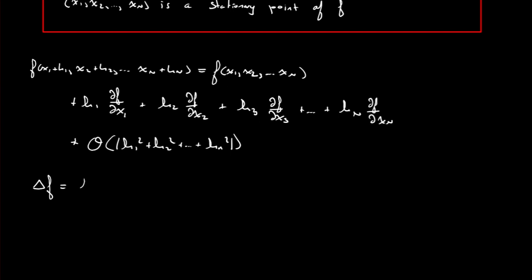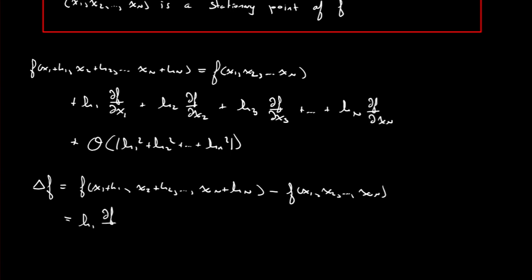So we're going to have f of x1 plus h1, x2 plus h2, all the way up to xn plus hn, and we're going to subtract f of x1, x2, all the way up to xn, and we're going to have whatever's left on the right hand side, which is h1 df dx1 plus h2 df dx2 plus dot dot dot all the way up to hn df dxn.